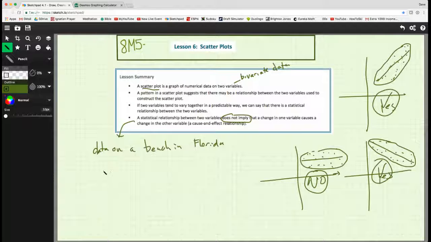And it showed that as ice cream sales increased, there were more lifeguard rescues.